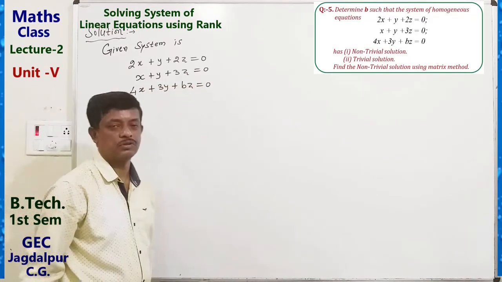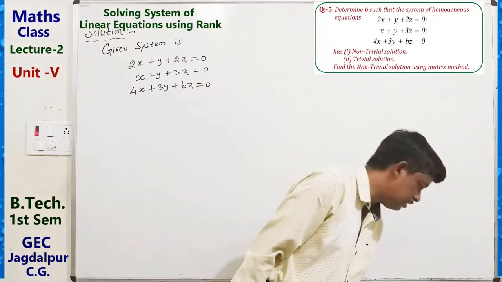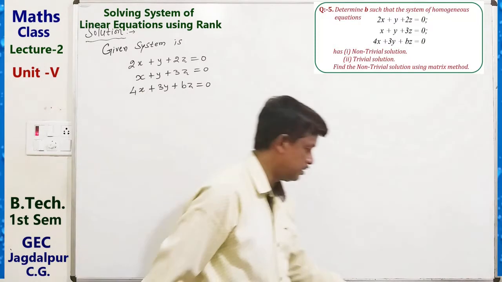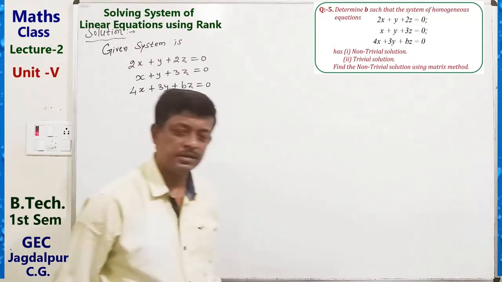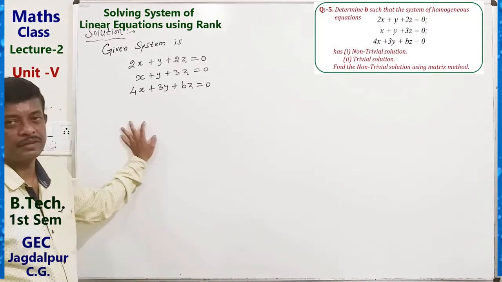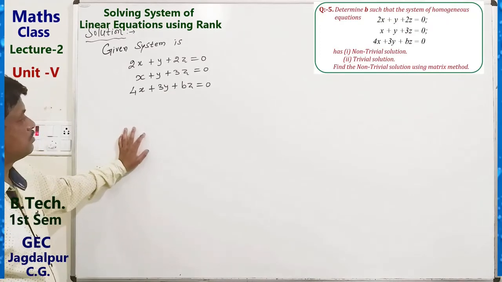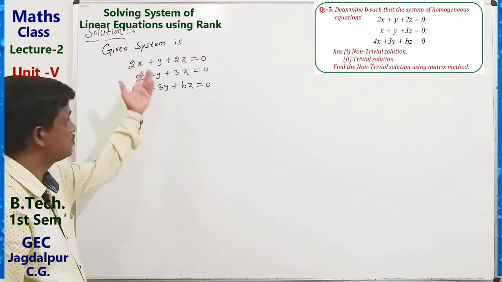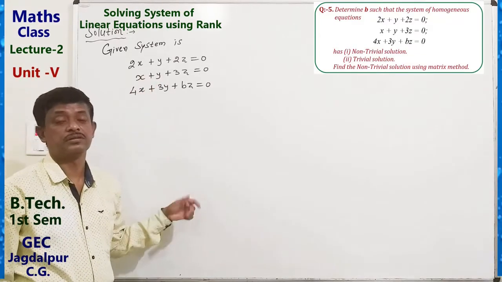This is the system of equations. Here b is the constant. We have to find the value of b for which the system is having non-trivial solution, trivial solution.